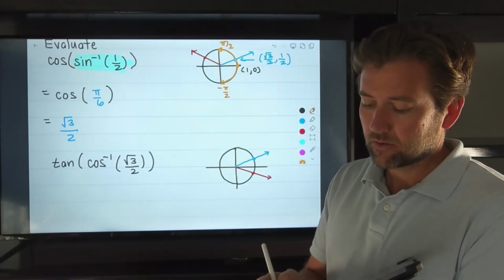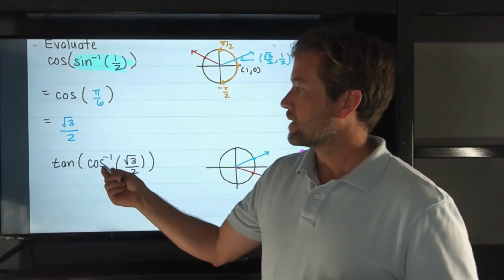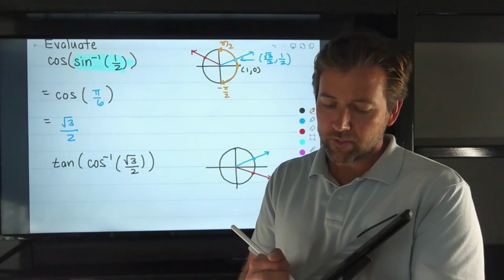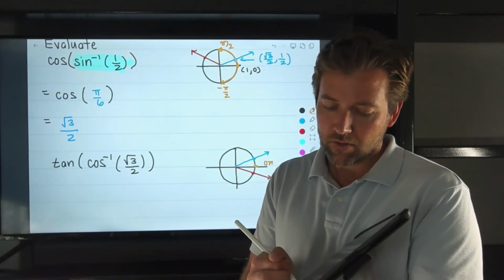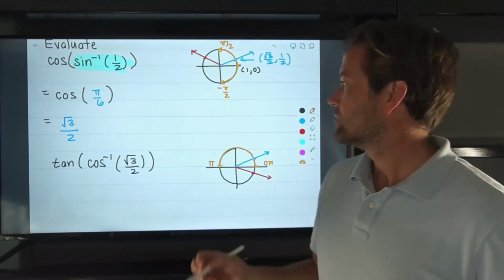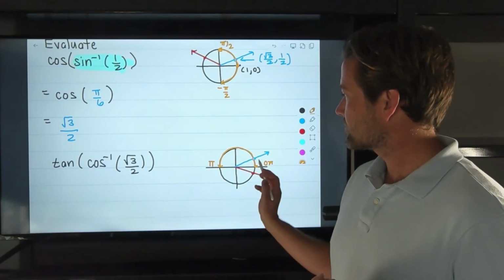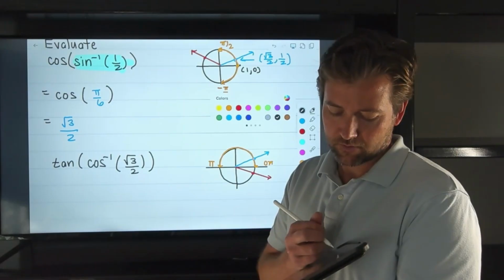Now, as we learned in the previous video, the outputs for arc cosine are between 0 and pi. So our answer must be this angle in blue, which again happens to be pi over 6.